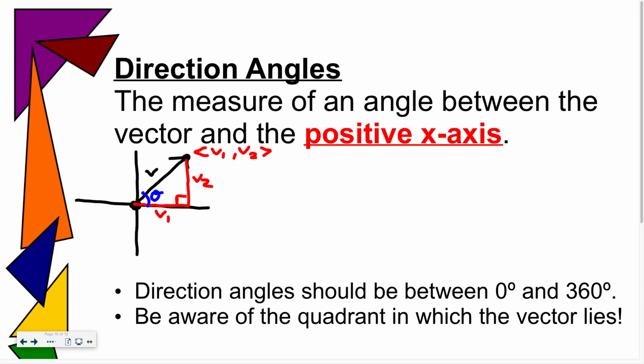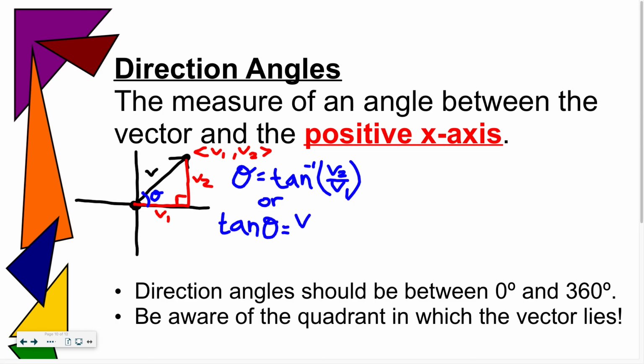Okay. So we can say that theta equals the inverse tangent of v sub 2 over v sub 1. Or if you prefer to write it and then solve, you can say tangent theta equals v sub 2 over v sub 1. I like to just use the inverse tangent form. Okay, so you could calculate your direction angle there.